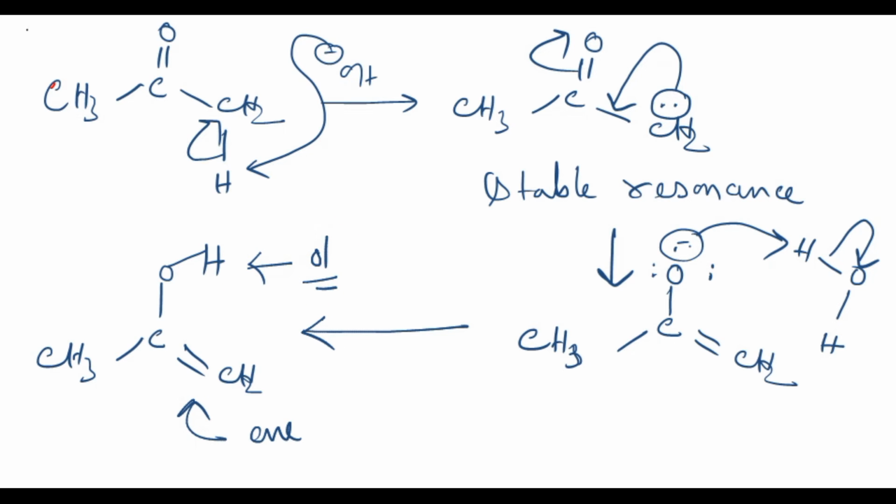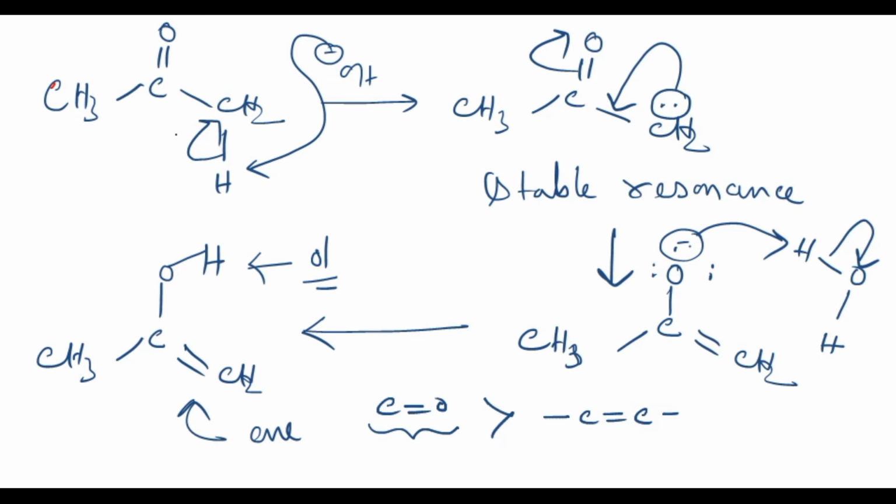Now which is more stable? If we see this keto and enol form, which is more stable? Actually remember that the C=O bond, carbon oxygen double bond, has more bond energy as compared to the carbon carbon double bond.